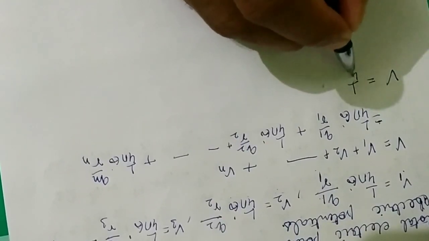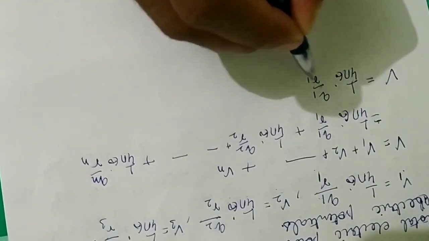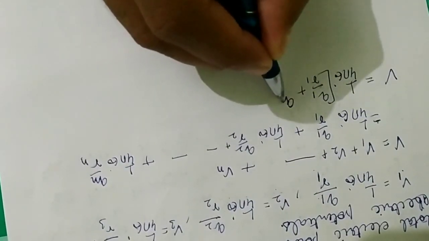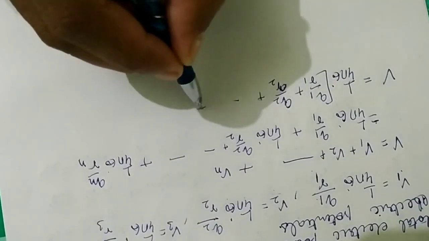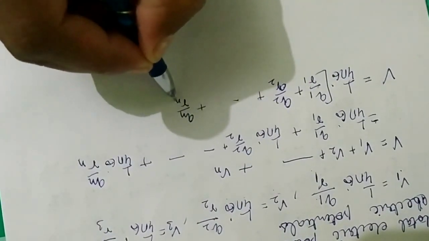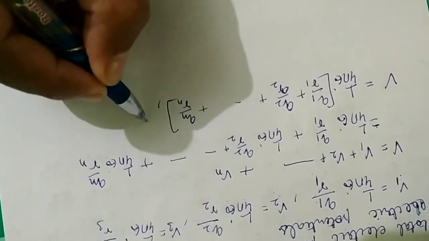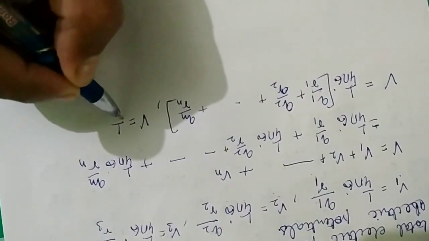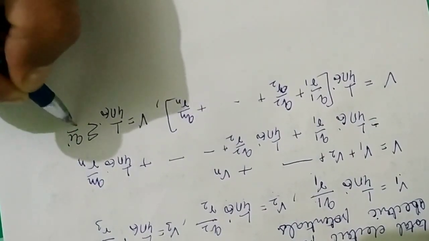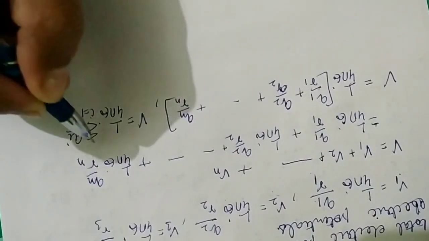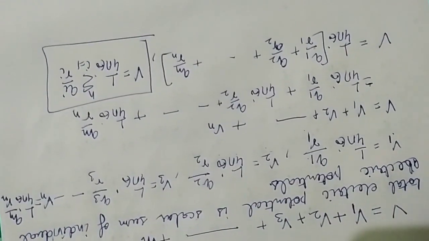So the total electric potential is 1 upon 4 pi epsilon naught times Q1 by R1 plus Q2 by R2 and so on up to Qn by Rn. In summation form, the total electric potential is equal to 1 upon 4 pi epsilon naught times the summation of Qi by Ri, where i changes from 1 to n. So this is the electric potential due to n number of charges.